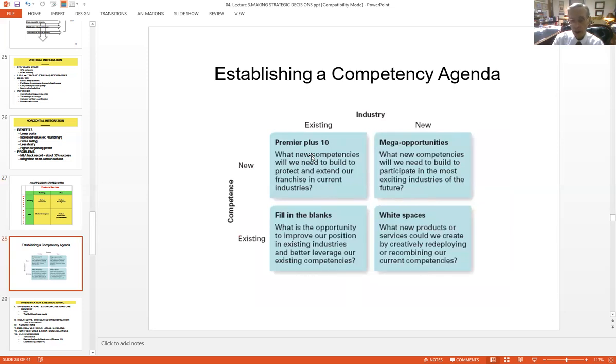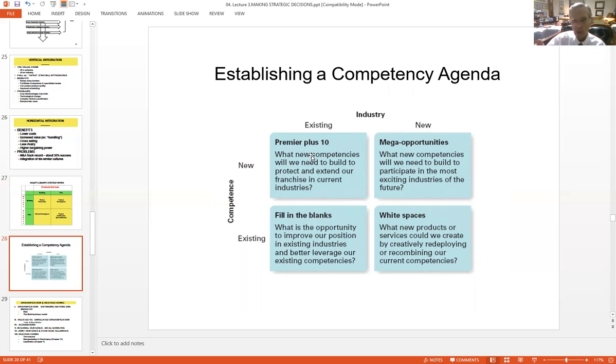So Premier Plus 10 is what Gary Hamel and C.K. Prahalad were the authors of this matrix. And what they called this strategy is Premier Plus 10, thinking that it might take 10 years to develop new products or new capabilities to serve a future industry, the way the industry would be postured and positioned a decade from now.